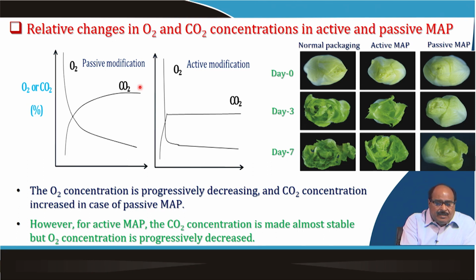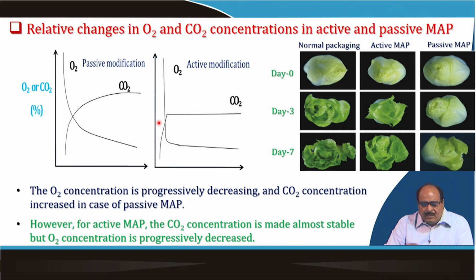The same thing you can see in this figure: in the passive modification, the carbon dioxide concentration slowly increases first and you do not get a sharp steady state, whereas in the active modification, once the environment has been achieved, it is constant and it is achieved quickly.